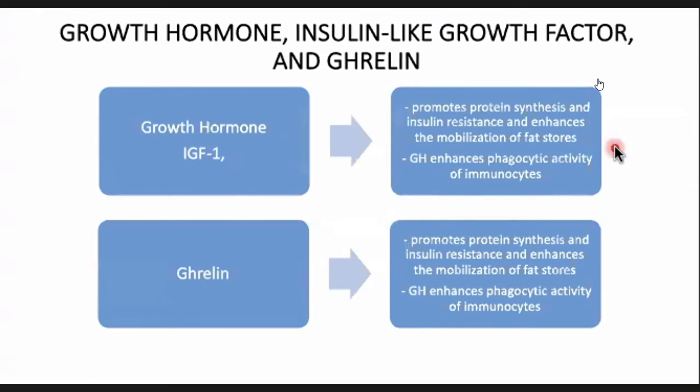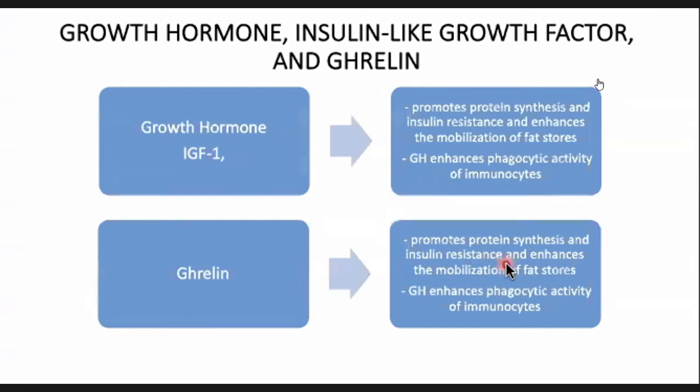Growth hormone also enhances phagocytic activity of the immunocytes. The catabolic state that follows severe injury has been linked to the suppression of the growth hormone and IGF-BP axis, as critical illness is associated with decreased levels of growth hormone and IGF-1.